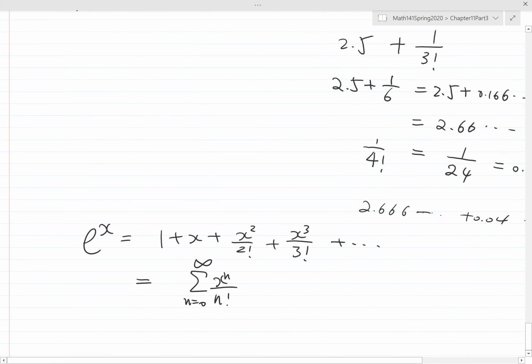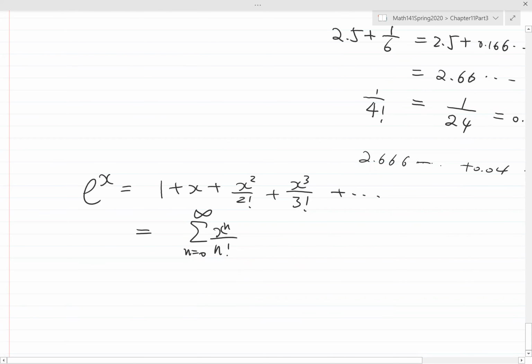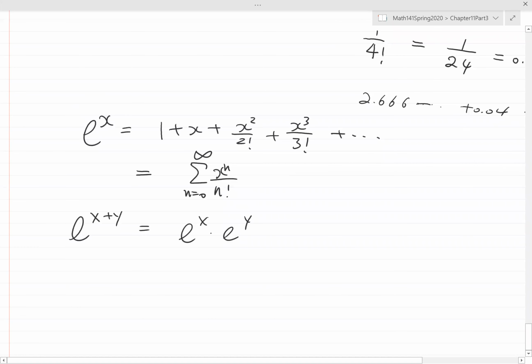Now we know exponential functions satisfy e to the x plus y equals e to the x times e to the y. How do we check that the right side also satisfies this property?